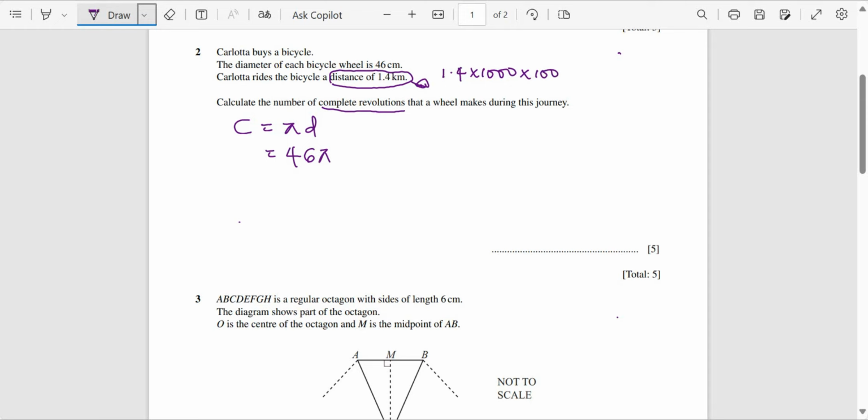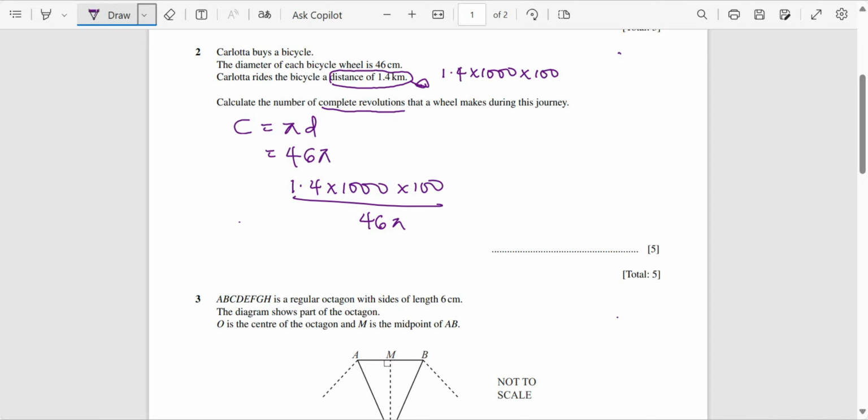So for us to calculate the number of turns, we have 1.4 times 1000 times 100 divided by 46 pi. So get a calculator.